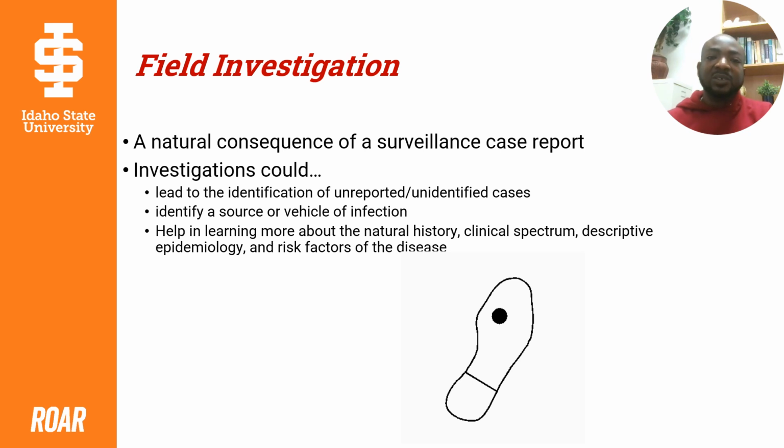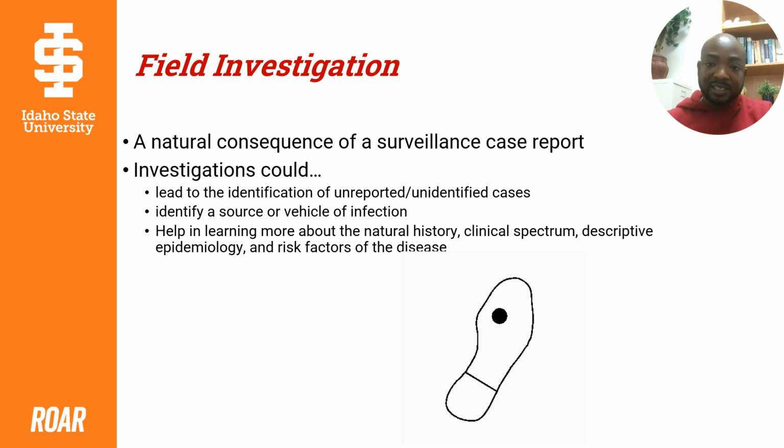The investigation may be as limited as a phone call to the healthcare provider to confirm or clarify the circumstances of the reported case, or it may go beyond that and involve a thorough field investigation requiring the coordinated efforts of dozens of people to characterize the extent of an epidemic and to identify its cause.